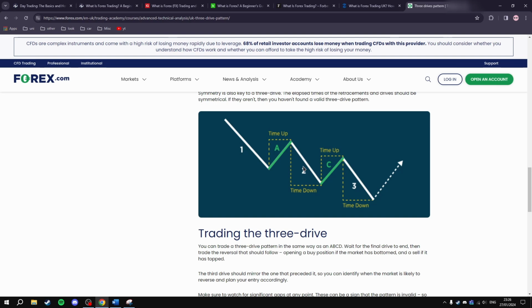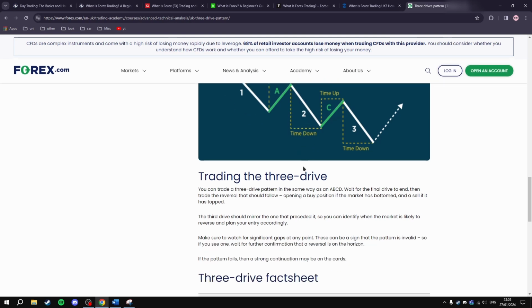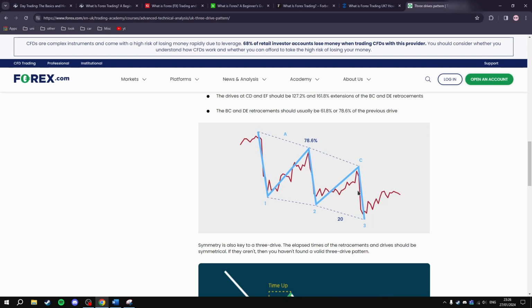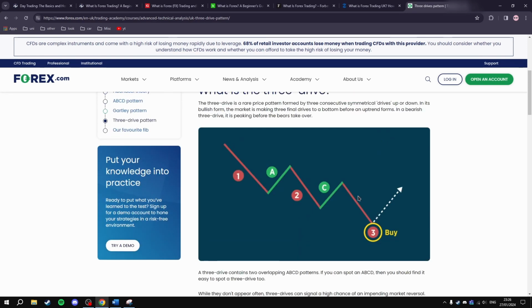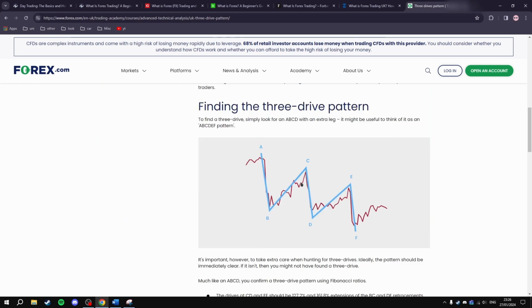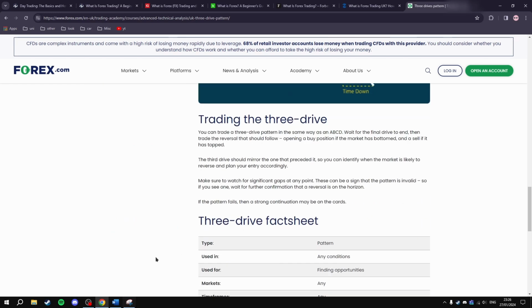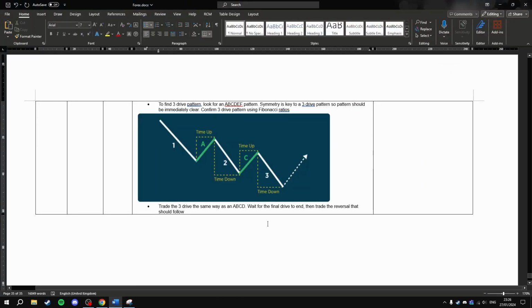So that one should be the same as that one. The third drive should mirror the drive which precedes it.